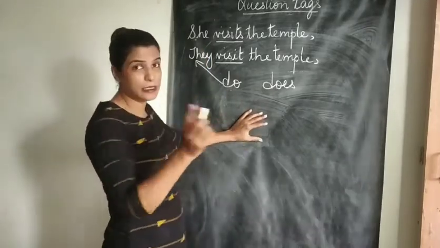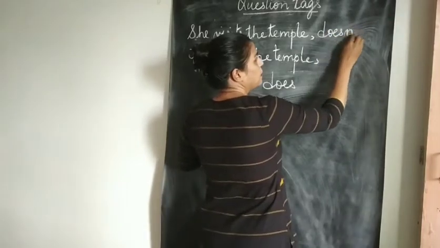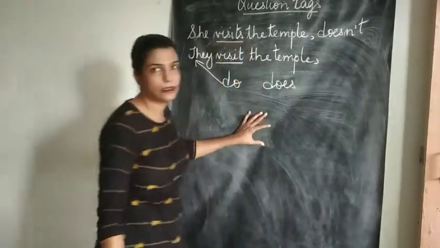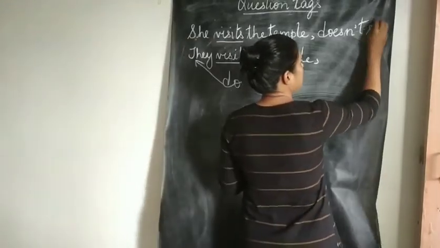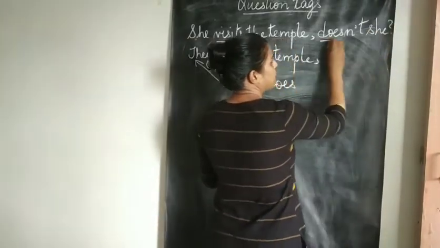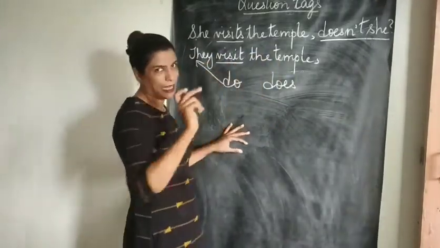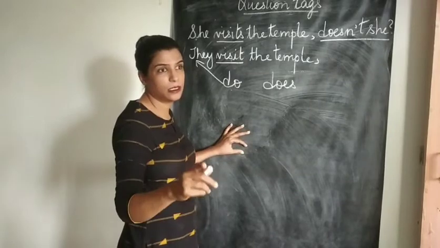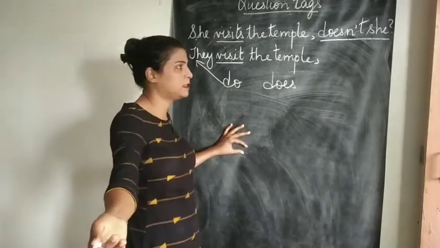Now, she visits the temple. It's a positive statement. I will write not with the word does. Doesn't she? The pronoun would be she. So that's my question tag. They visit the temple, again in present tense, but here the number has changed. It's not one. There are many people who are visiting the temple.